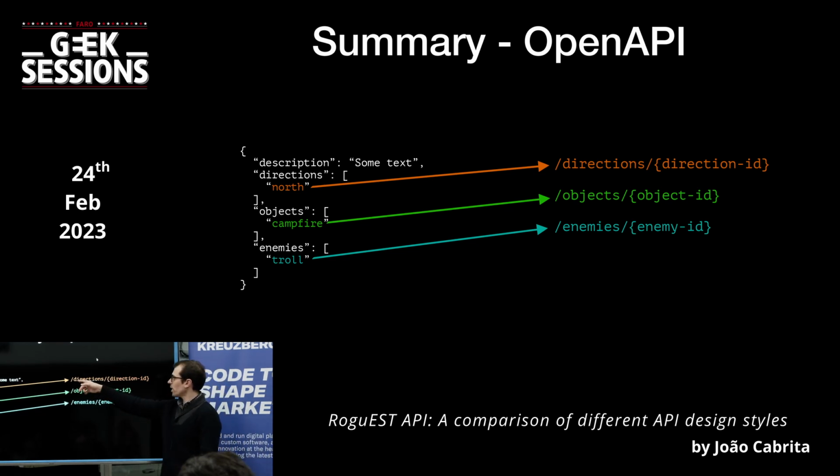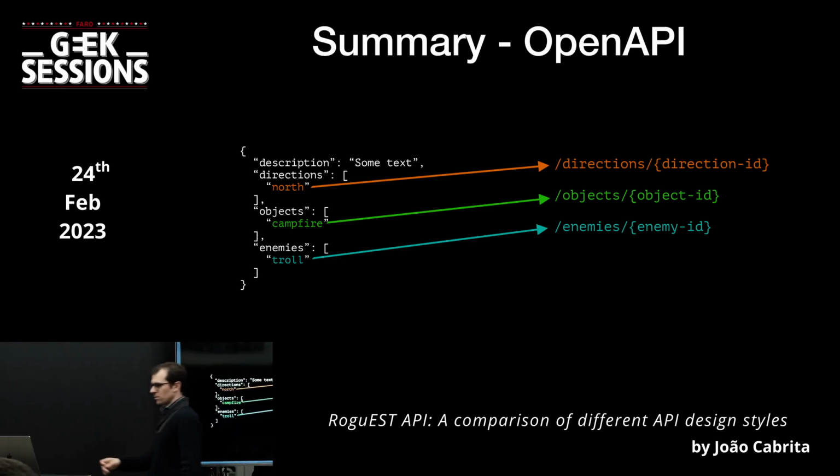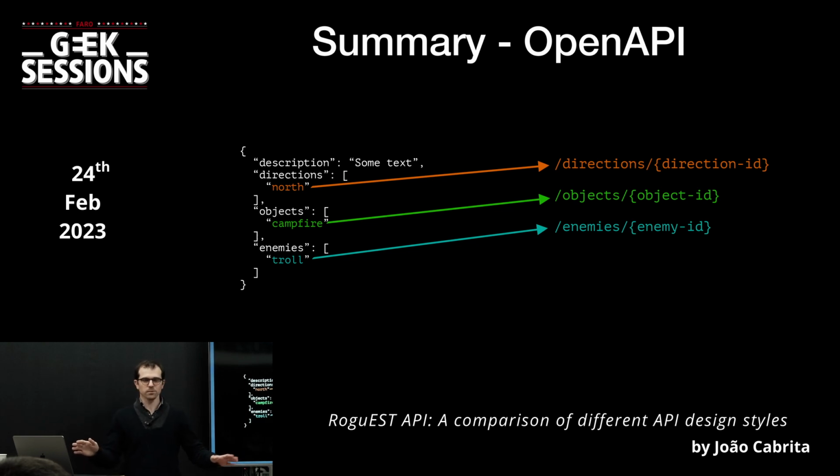So you have directions, and to do things with directions, you use /directions/direction ID. You replace the direction ID here. With objects, exactly the same thing. With enemies, the exact same thing, okay? Makes sense so far, right?